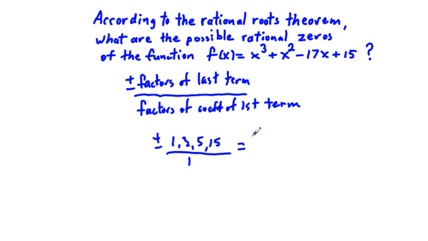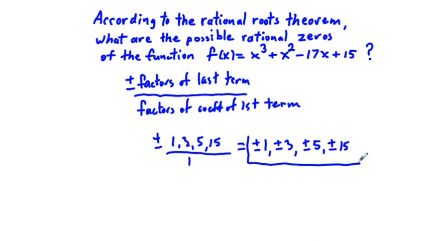Our answer is going to be plus or minus 1 over 1, plus or minus 3 over 1, plus or minus 5 over 1, and plus or minus 15 over 1. So that would be our solution set for this particular problem.